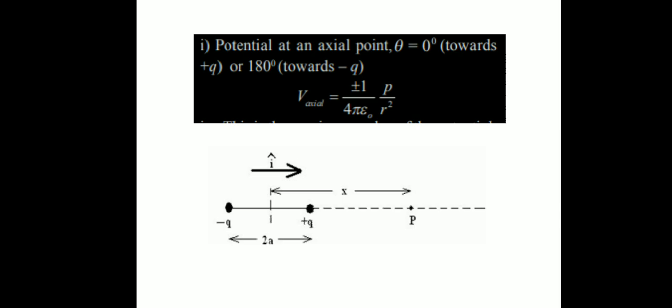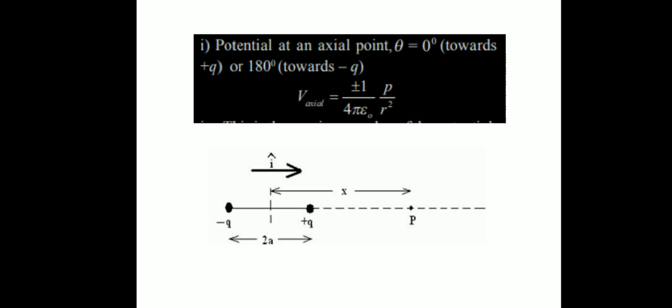If the point is present on the LHS side of the charge minus q, then we consider theta equal to 180 degrees. Now as the point is present on the RHS side of the charge plus q, let us take theta equal to 0 degrees.